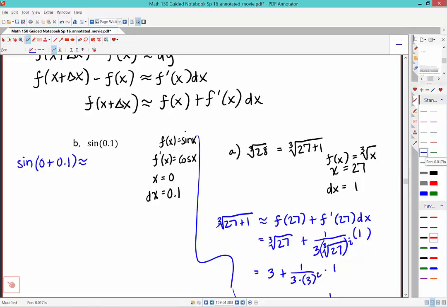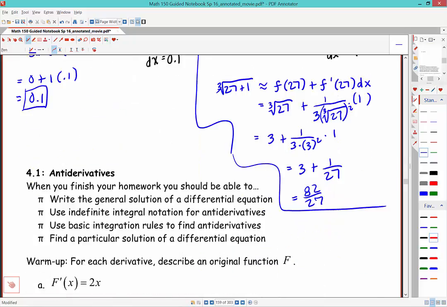So that'll be approximately, I'll do it down here, sine at 0 plus cosine at 0 times 0.1, which gives us 0 plus 1 times 0.1, which is 0.1. So now let's see how this approximation worked out.